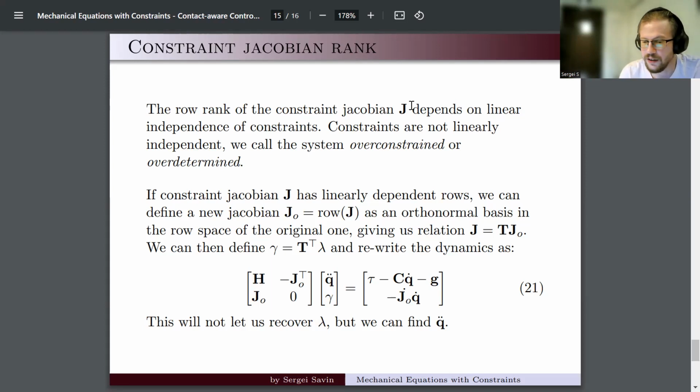Why? It depends on what kind of table you have. If you have needle-like legs, so very point contact, then each leg experiences 2 friction forces and 1 normal reaction force. So there are 3 constraints associated with each leg, 12 constraints overall for a table with 4 legs. But as a rigid body, a table only has 6 degrees of freedom. So 12 constraints, but 6 degrees of freedom. And constraints have this relation with degrees of freedom.